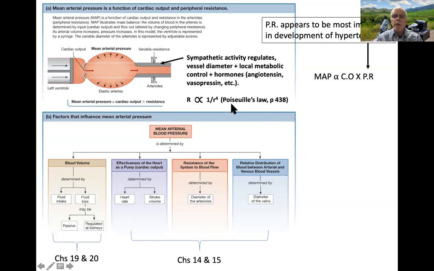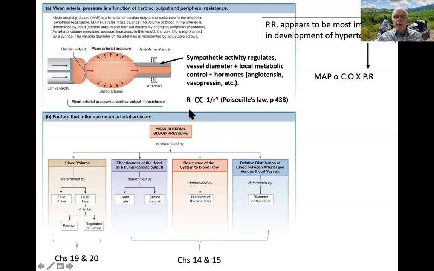So over here, I've tried to collect together and say sympathetic activity is going to regulate vessel diameter. But as we'll see, there's going to be local metabolic control. And then as we go along, we'll look at the role that different hormones play in regulating constriction and dilation of the vessel. So we're going to have lots of different overlapping factors or systems which will regulate resistance and therefore this mean arterial pressure.